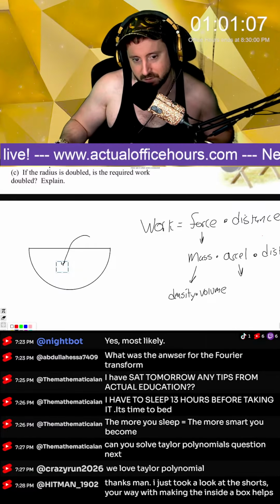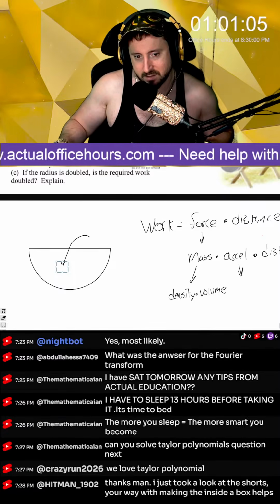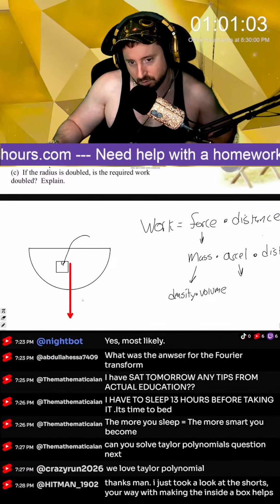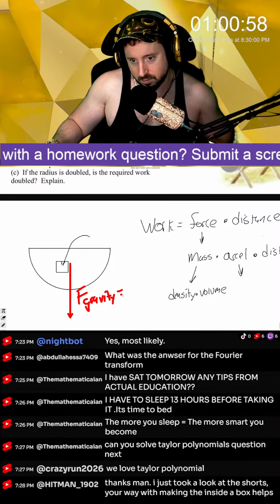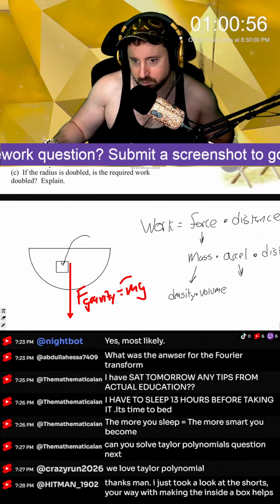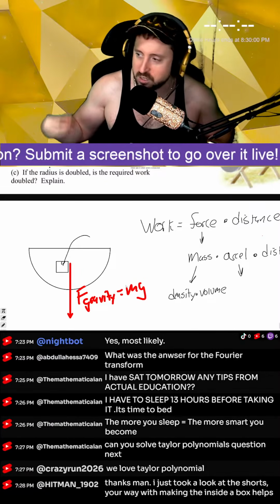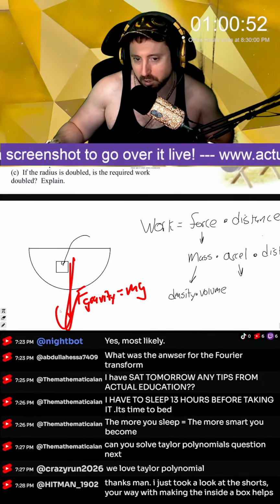Because here's what happens. The force of gravity is equal to mg. It's always equal to the mass of the thing times g, which is the acceleration due to gravity, trying to pull it down.